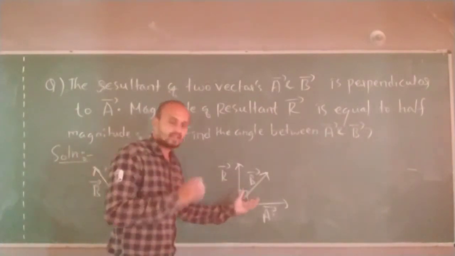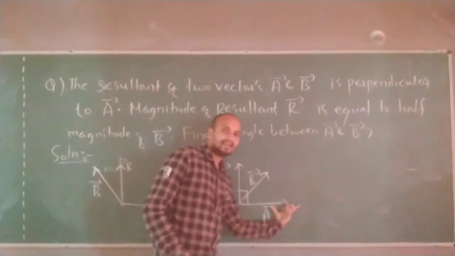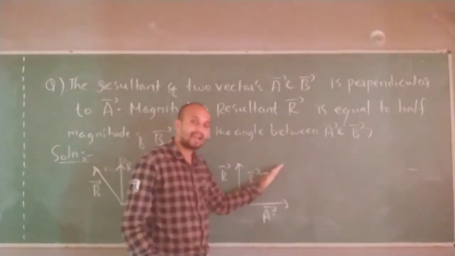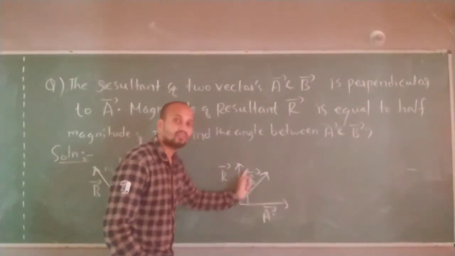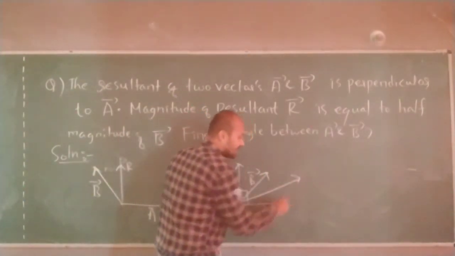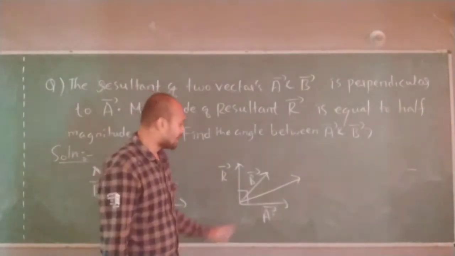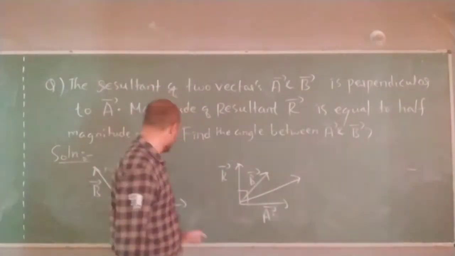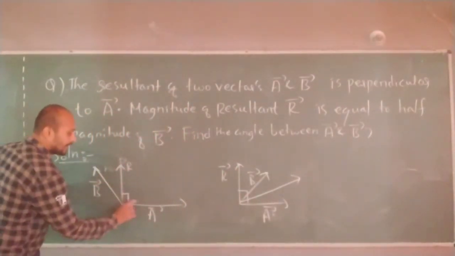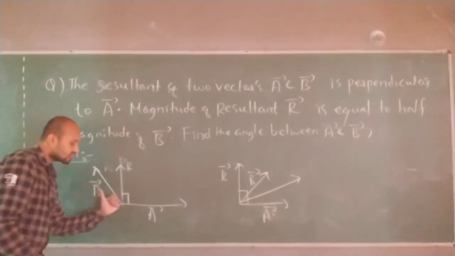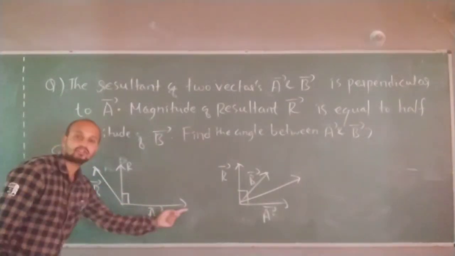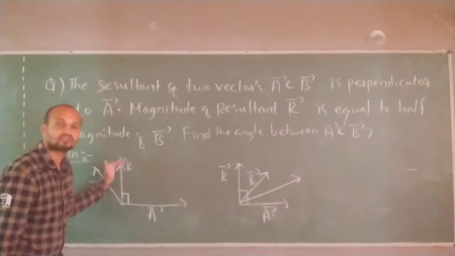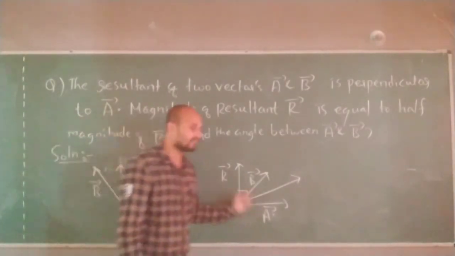You have to imagine here, if a force is applied in this direction and a force is applied in this direction, the resultant of these two will be somewhere here. It cannot be here. If you want a resultant perpendicular to one of the vectors, somebody has to pull like this and somebody has to pull like this, such that it will start to move slowly upward. Or you can treat it as velocity also.